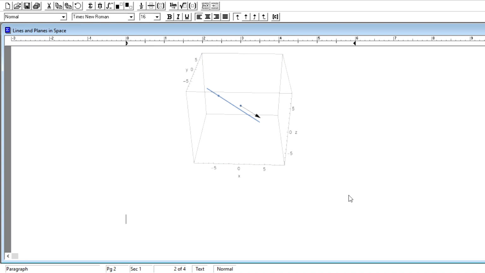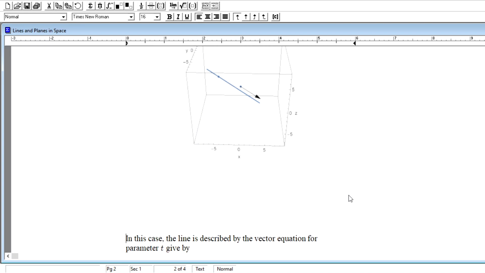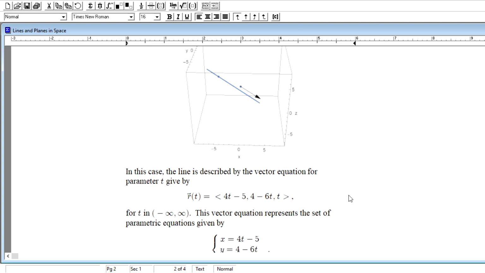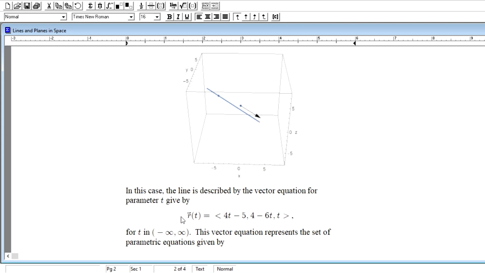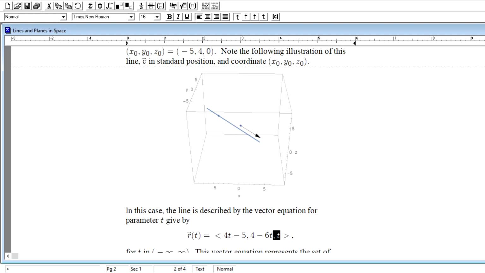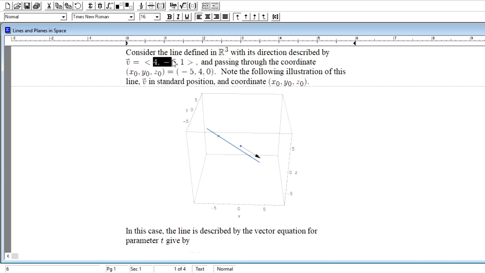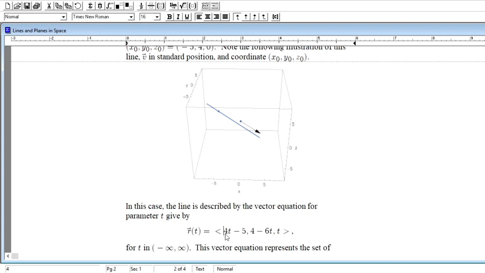In three-dimensional space, this line is described by the vector equation r bar of t equal to 4t minus 5, 4 minus 6t, t, where you can see in that equation, all we have done is substitute in for a, b, and c, 4, -6, and 1. Those are going to be scaled by t. That's where we get the 4t, the -6t, and the 1t in this calculation.